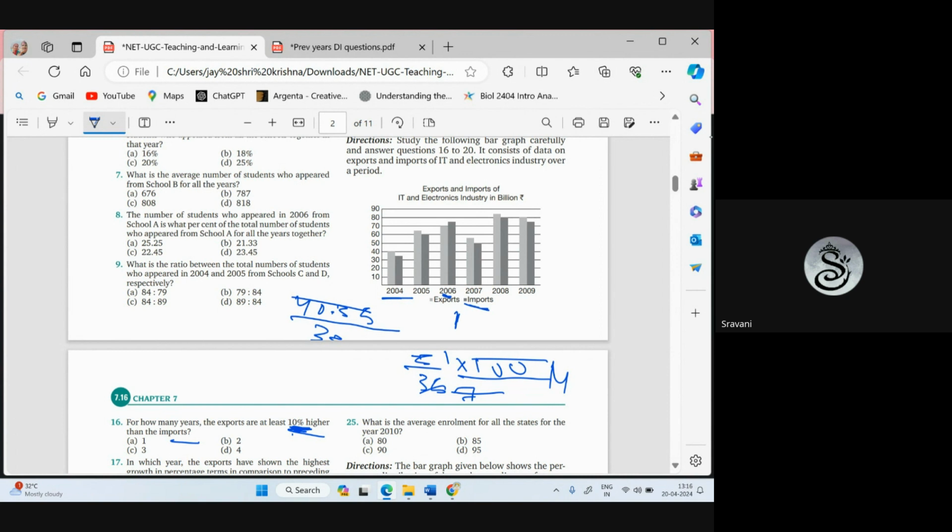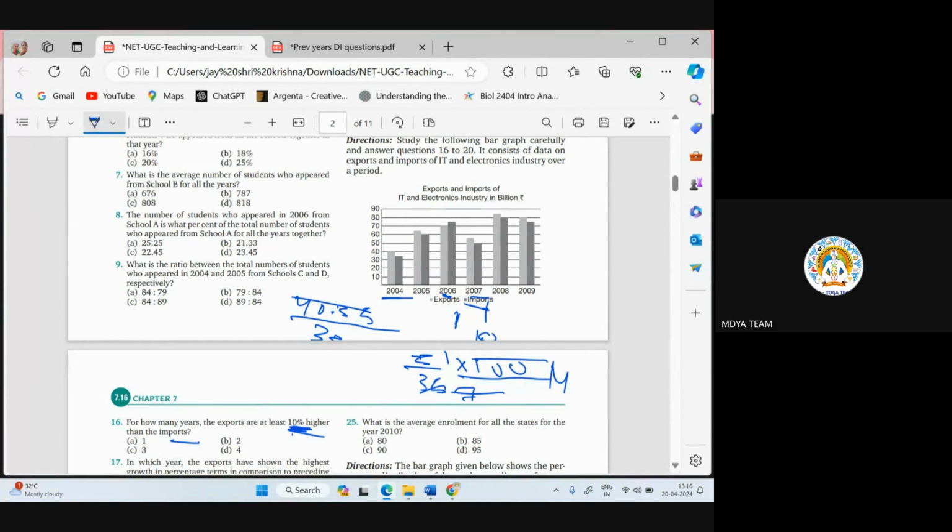Yes, I got only 2004 with 14%, and I think 2007 with 10%. Exactly 10%. So this you also need to include in your counting. But they are asking about higher than 10%, right? Then we need to consider only one, right?